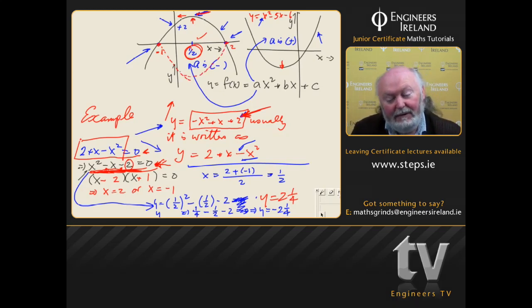Now, you're going to have to bear with my poor art here. That function is y equal to x squared minus x minus 2.